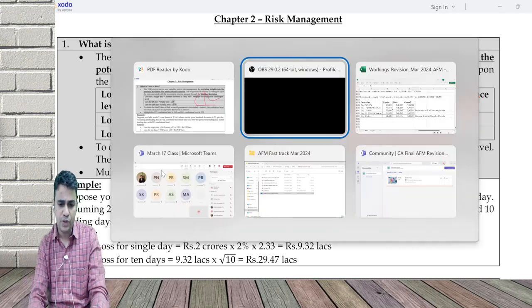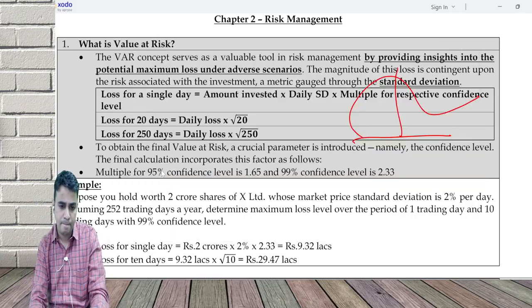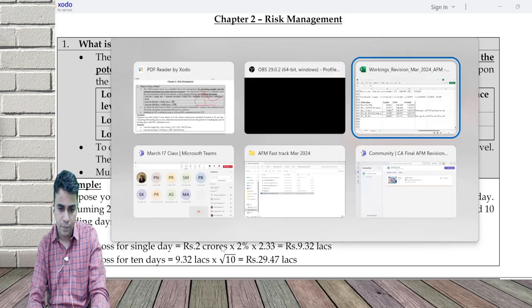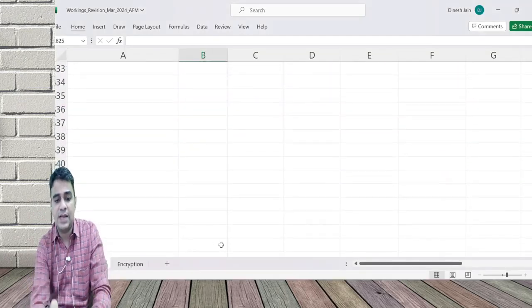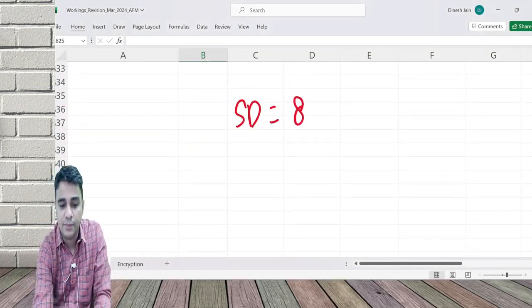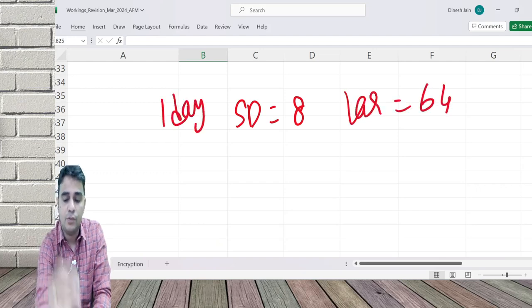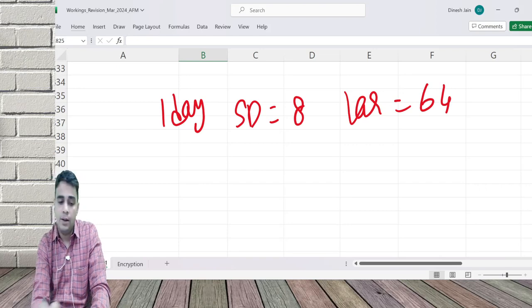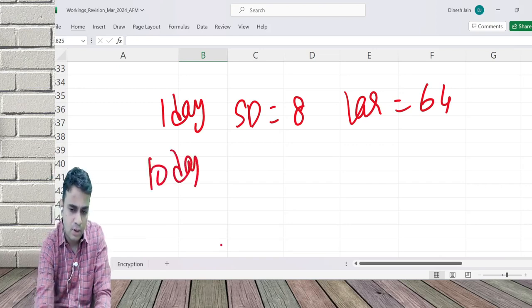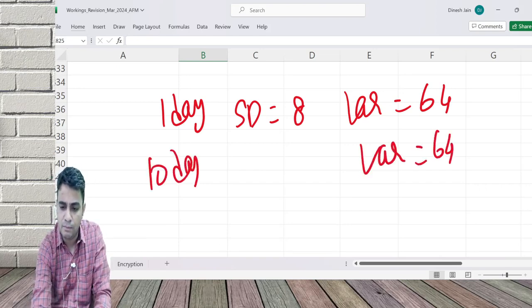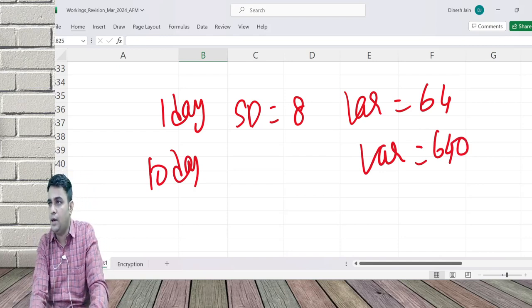Now, most important part. Standard deviation is 8, variance is 64 for 1 day. This is 1 day variance. 10 days variance is 64 into 10, which is 640. Into 10 is right for variance.